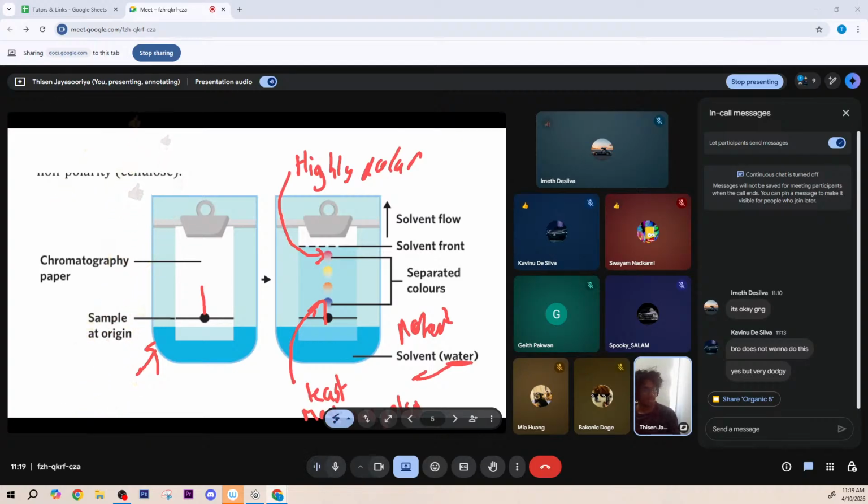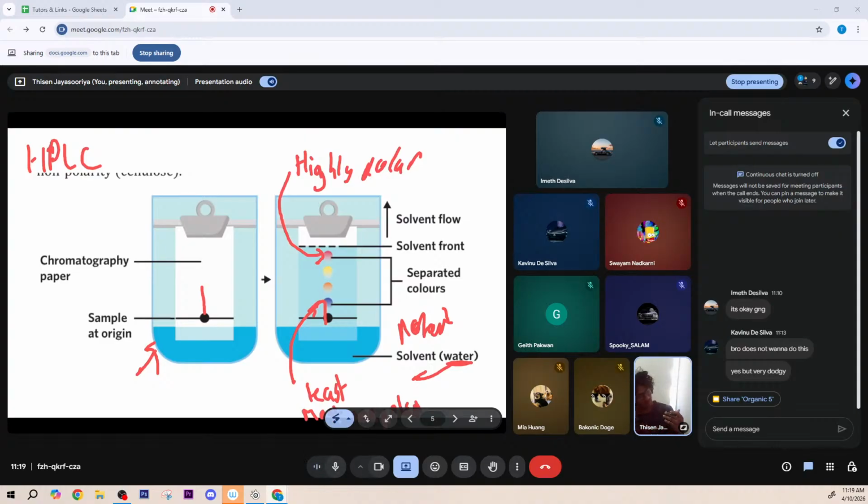So here we've looked at paper chromatography, which is how far it moves up, right? Later we'll have high performance liquid chromatography, and that is based on the time it takes for it to flow.